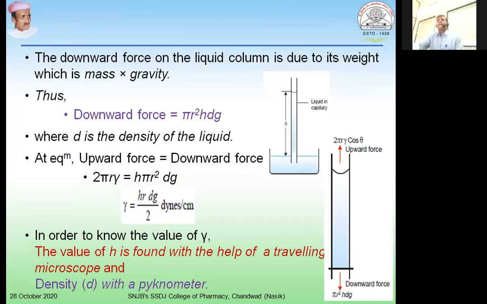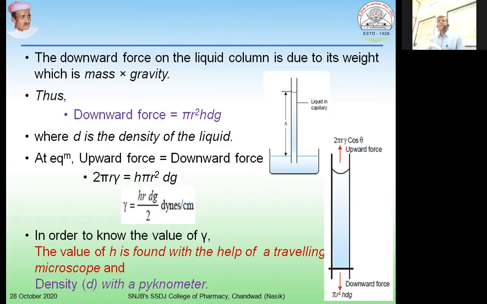So why has it risen only up to that particular height? It depends upon the downward force acting on the liquid column. And what is the value of that downward force? It is given by mass into gravity, mg.